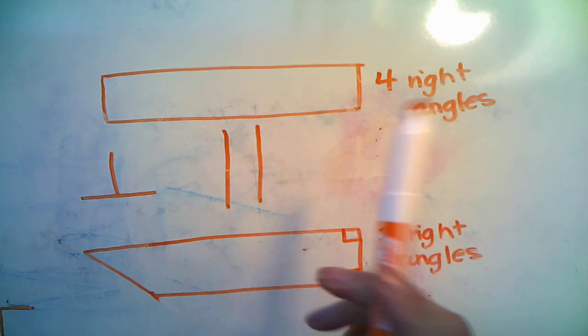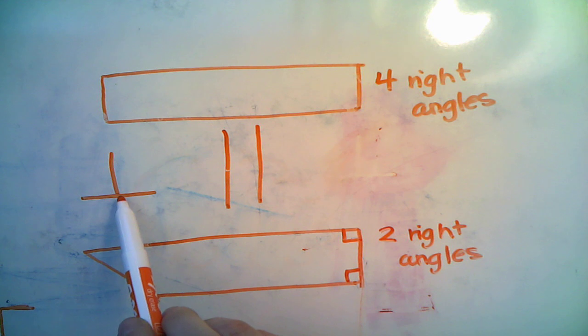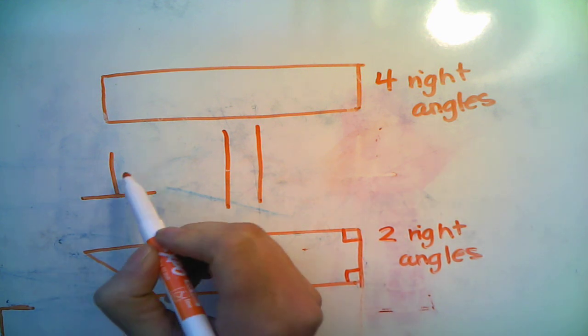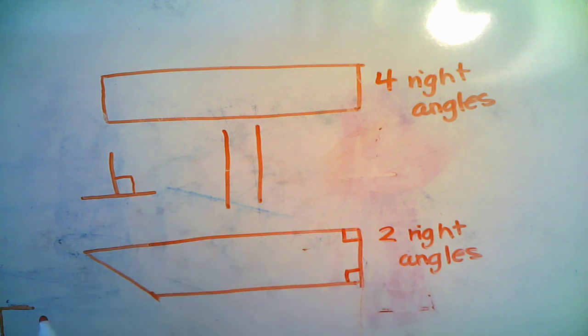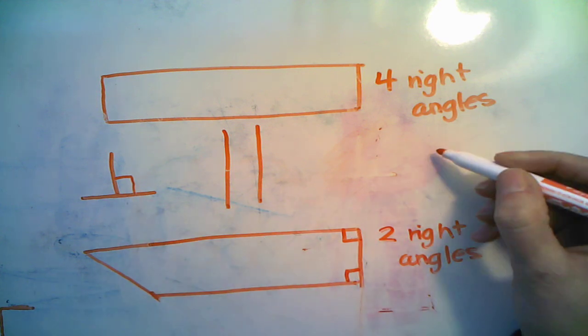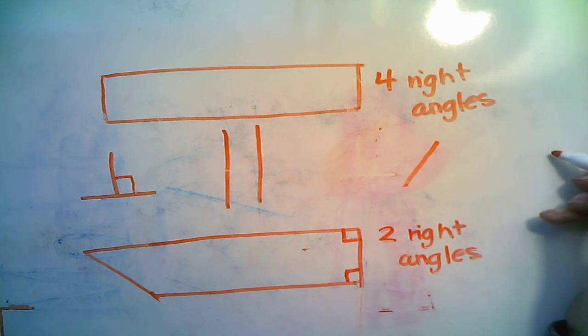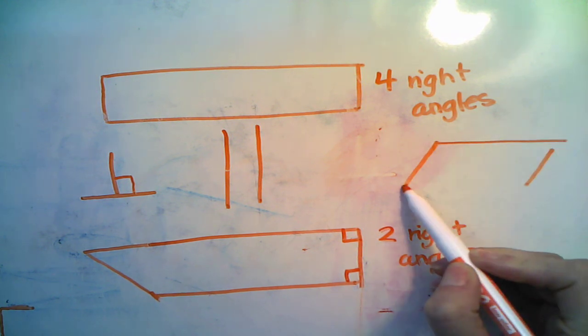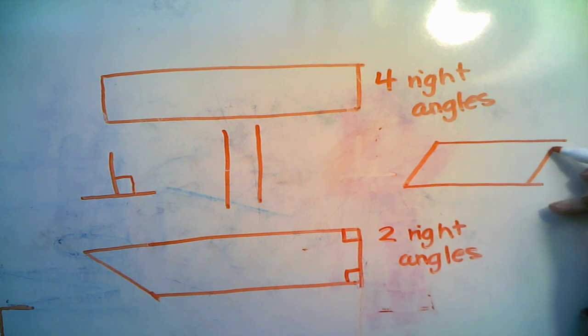However, this is where perpendicular comes in. When you have a perpendicular line, this is when you get a right angle. It looks like a little chair, right? So if I have 2 sets of parallel lines like this, do I have any right angles?